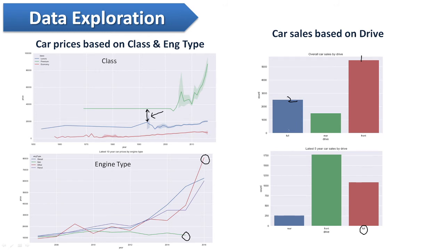Here is the four-wheel drive car sales in the top first graph, and this is the second graph. Here again it is still the same positions for front and four-wheel drives, but rear-wheel drive sales are considerably slowing down.